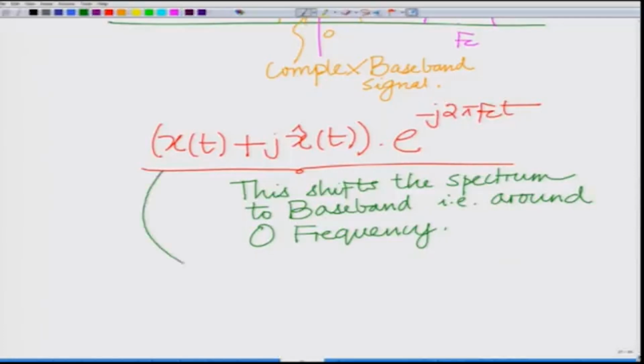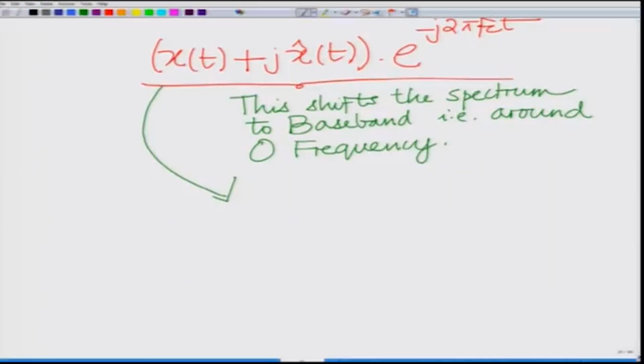This is termed as the complex baseband equivalent. Also, this is a complex baseband signal.